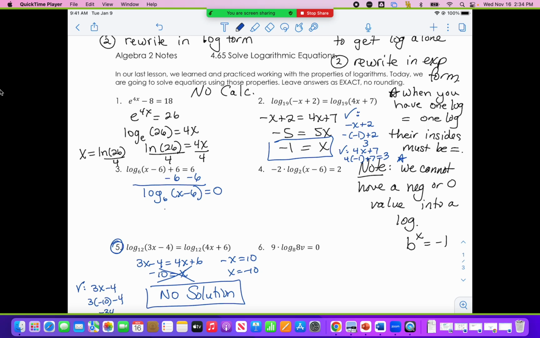Then you go from logarithmic to exponential. What is 6 to the 0 power? 1. So I get 1 equals x minus 6. So I'm getting x equals 7. Now you've got to go check the inside of the log. 7 minus 6 is positive, so that's okay.